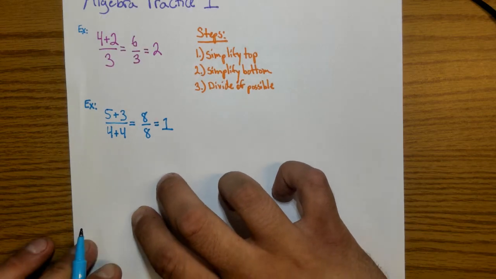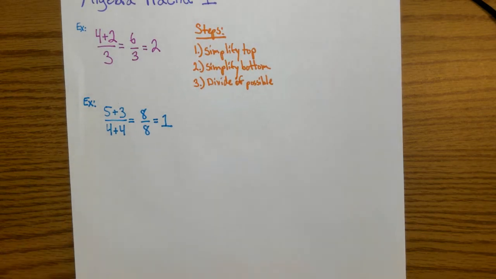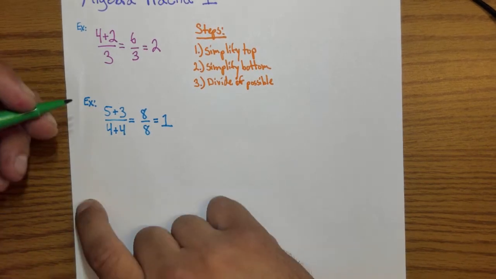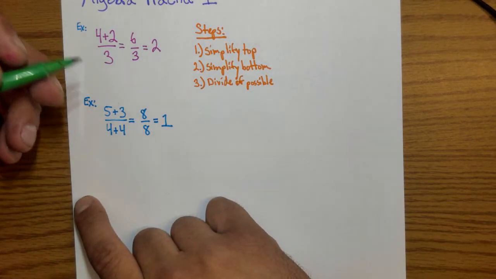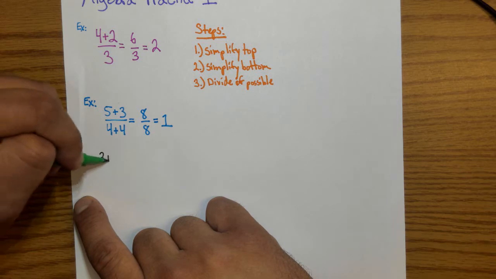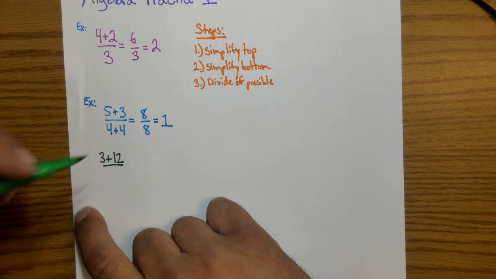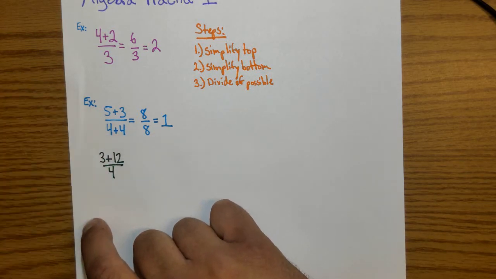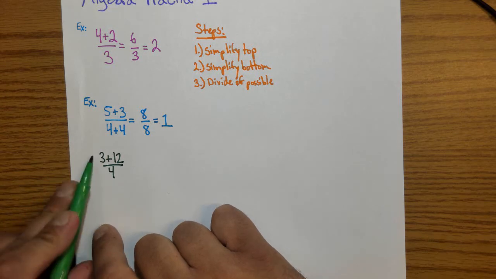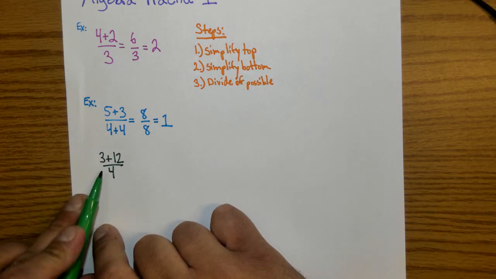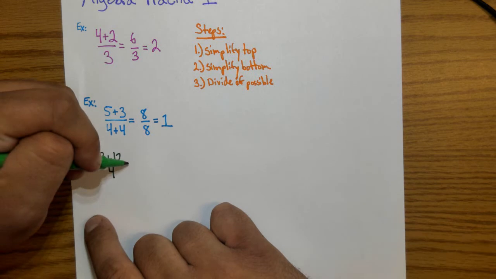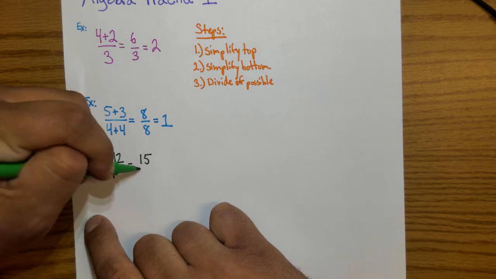I can go on to another one that looks maybe something like this. Let's see, 3 plus 12 divided by 4. Well, let's again simplify the top, simplify the bottom. Top, 3 plus 12 is 15 over 4.